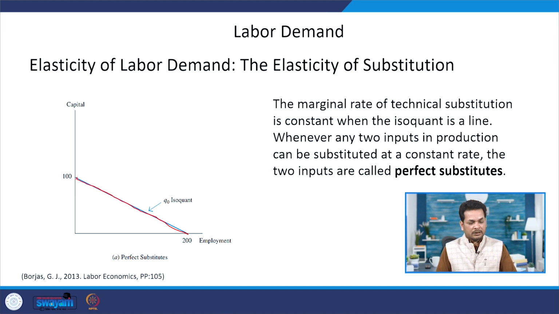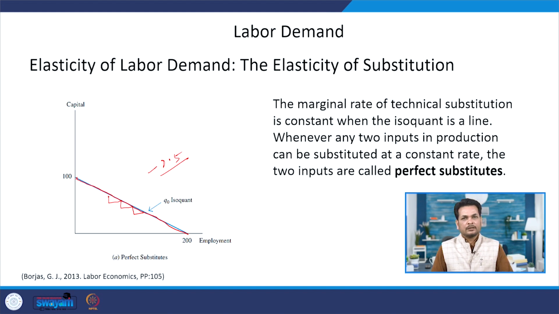Now, to produce Q0 amount of output, the firm can employ any combination of these factor inputs, both labor and capital. If you look at the slope of this isoquant, it is minus 0.5, and it is fixed over this isoquant.